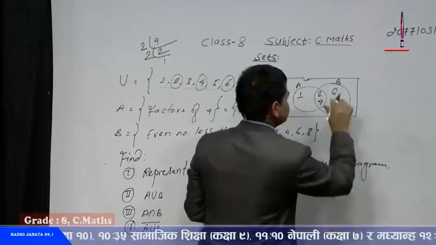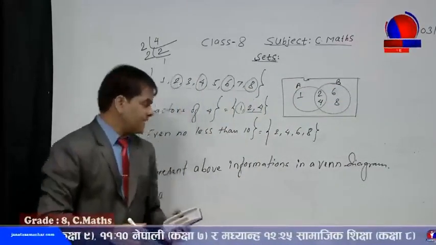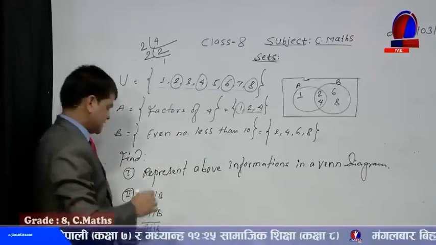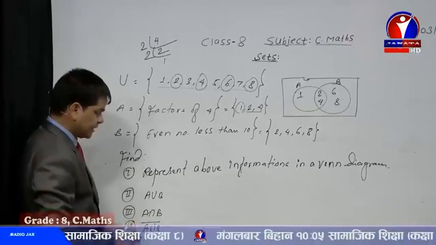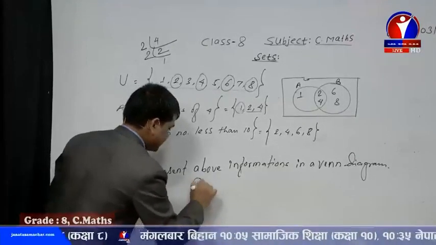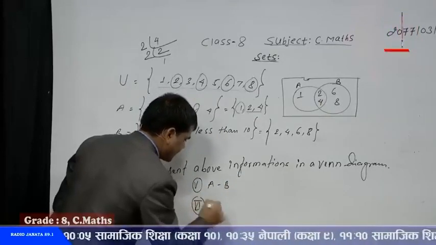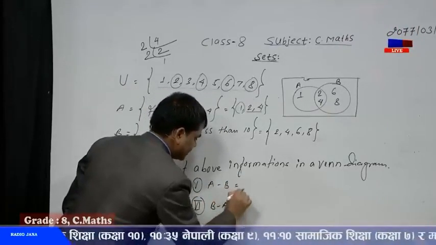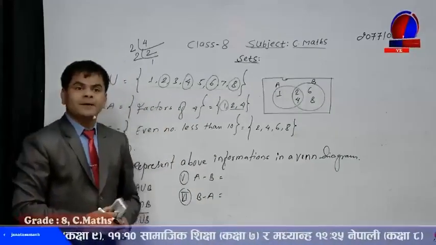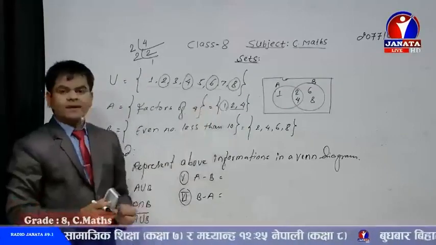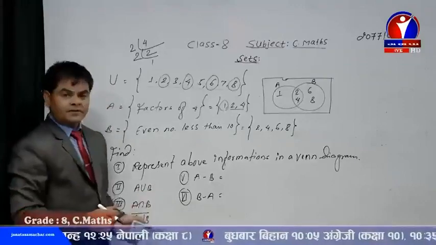So 6 and 8 we have represented here. They are known as the elements of B difference A. Sometimes you may be asked not only A union B, A intersection B, and A complement, but sometimes you might be asked to find A difference B, or B difference A. With the help of the Venn diagram, looking at the spaces, we can find the elements of the different categories.